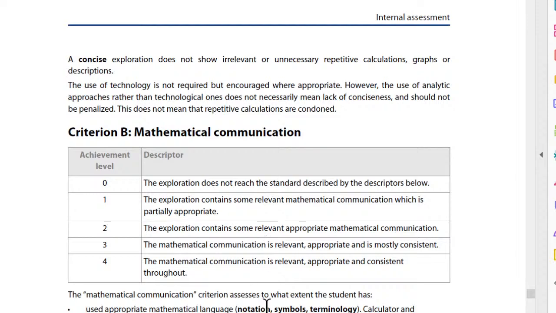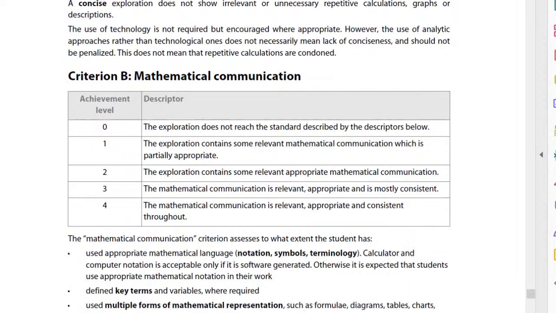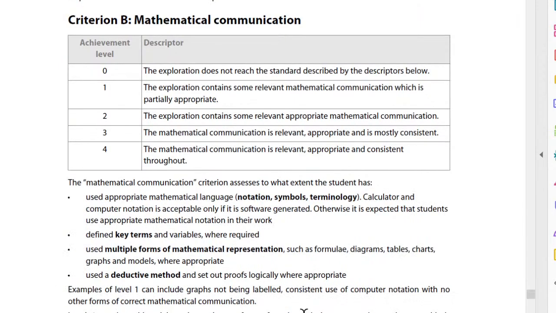I think there are no notational or symbolic mistakes. The key terms, again, like vertices, it's all standard terminology. Not needed to define other than to say, okay, it's what a polar graph is.